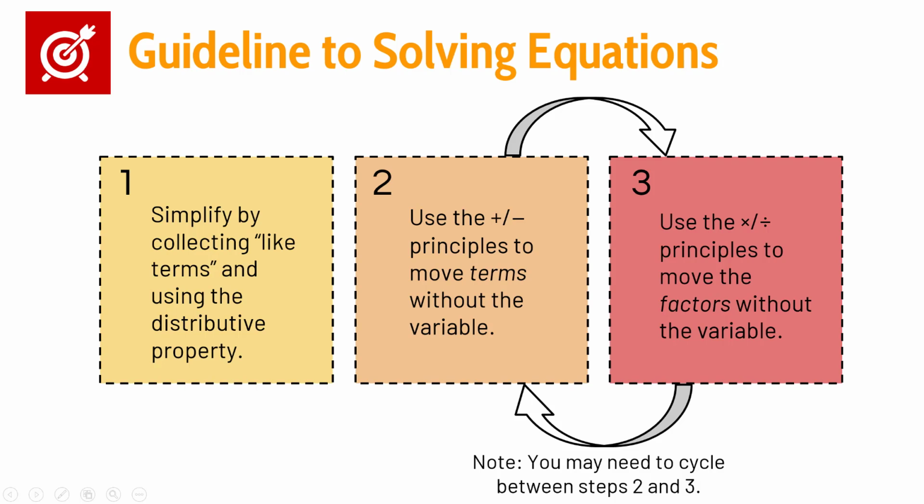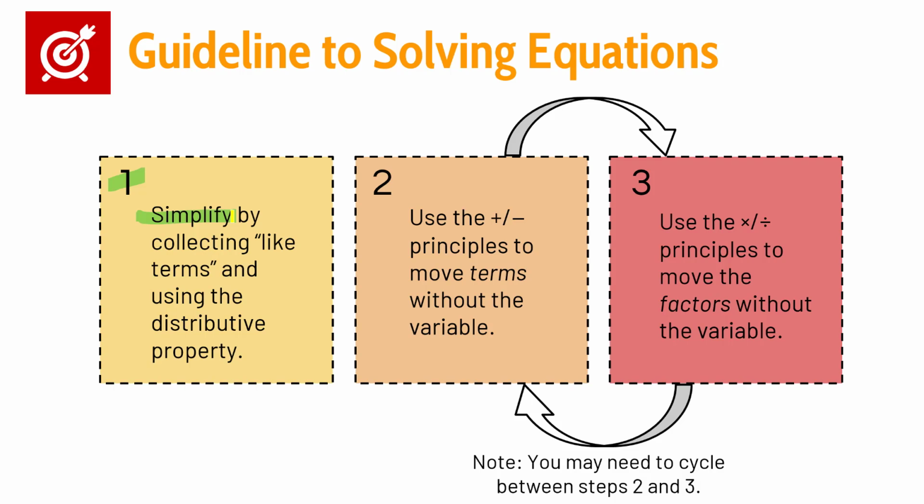So here's our guideline to solving equations. Step 1. Try to simplify by collecting like terms and using the distributive property. Basically, simplify. The more things that you can condense and reduce before shifting things to the left and right-hand side of your equation, the less room for error. Step 2.